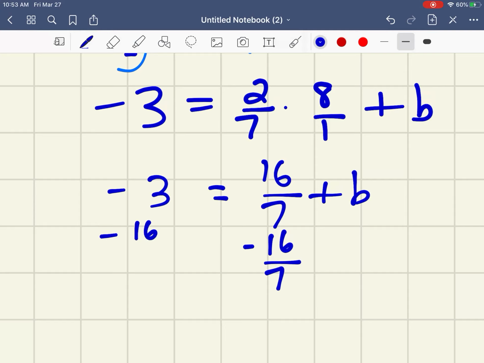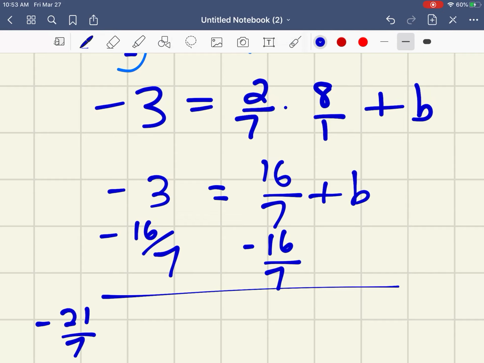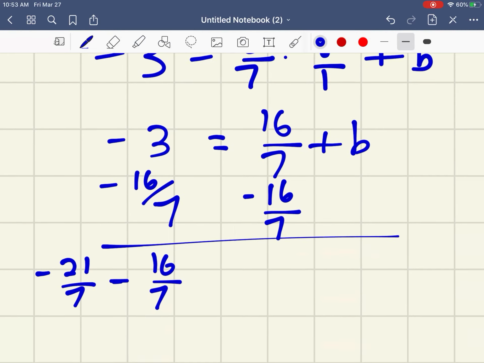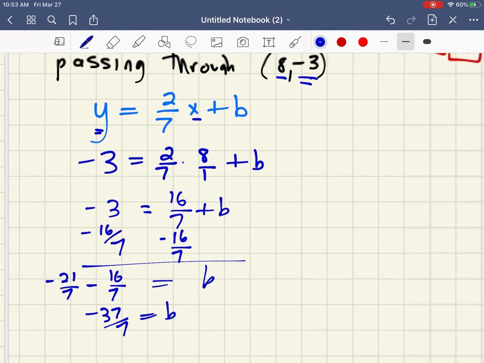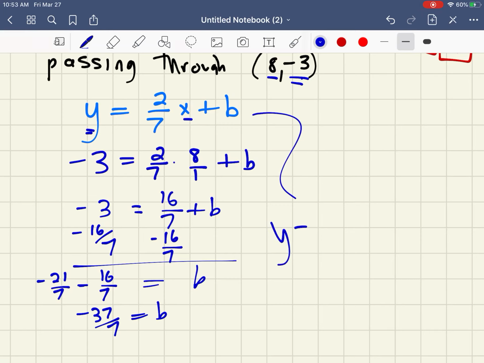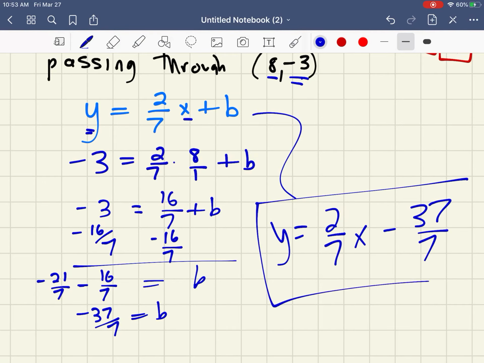I'm going to subtract 16/7. Negative 3 is the same as negative 21/7. And then subtract 16/7 from that. I get negative 37/7 is b. Rewrite my equation. y equals 2/7 x minus 37/7.